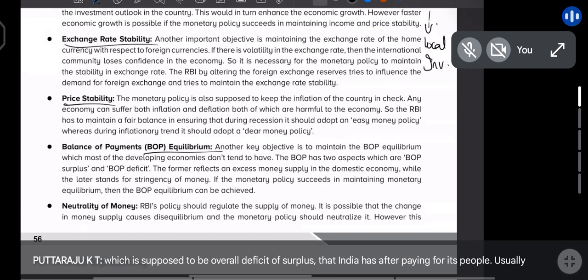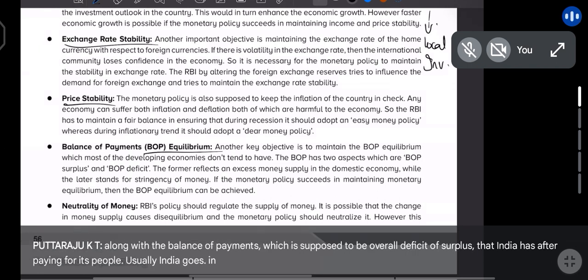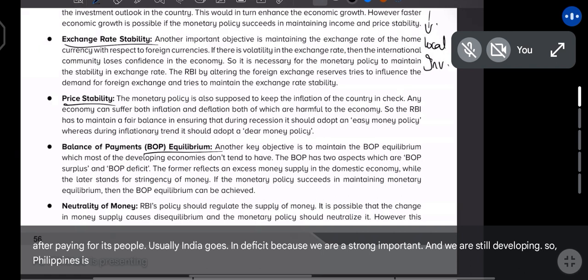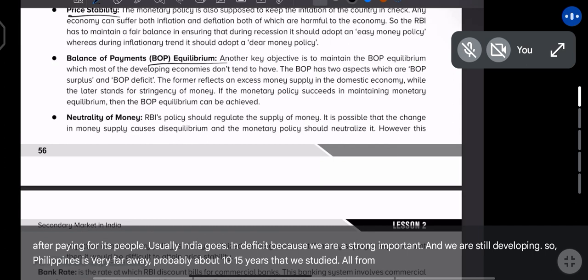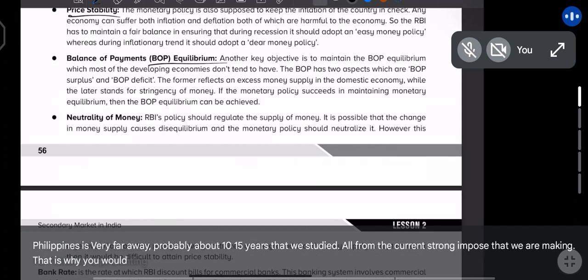Usually, India goes in deficit because we are a strong importing country and we are still developing. So, equilibrium is very far away, probably about 10-15 years at least away from the current strong imports that we are making. That is why you would notice government is cracking down on imports aggressively.